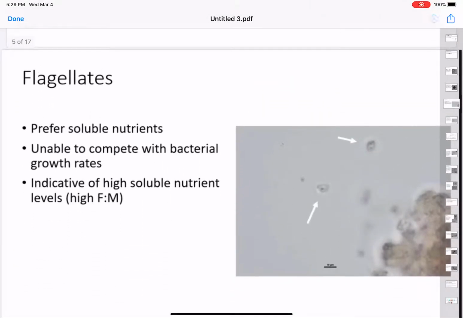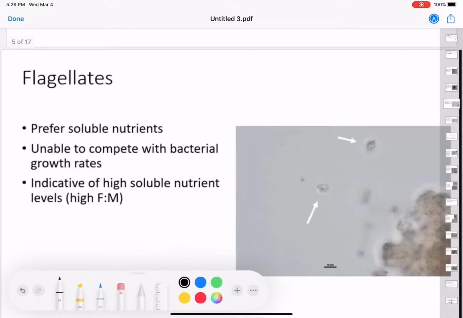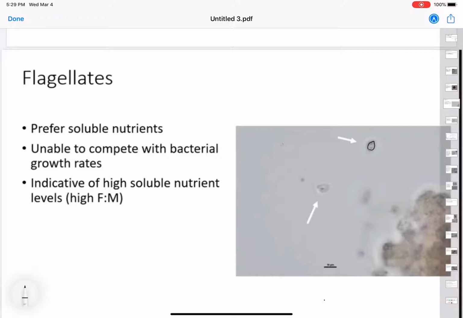Flagellates. Well, this is not as clear as what you're going to see in the video, but you can see these flagellates are very small, and they have a flagellum, a tail that will push them around. You can see there is another flagellum. You don't see the flagellum here, but later on you will see it.